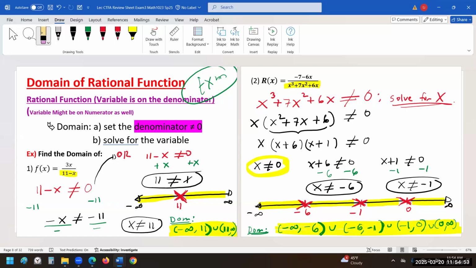You're not going to have any bracket for your domain. It's always parentheses. And that's all you have to do. Take the denominator, solve for x. Either it could be something easy like that, or it could be something factorable like this. If it's factorable, go ahead, factor and solve. If it's a single thing, simple, 2 terms, then you just solve.